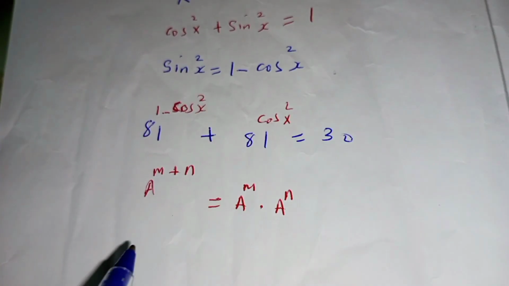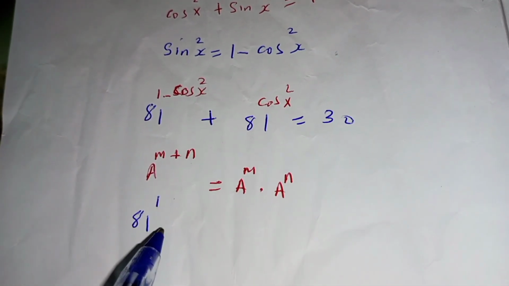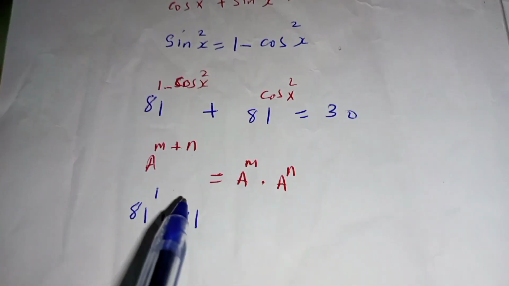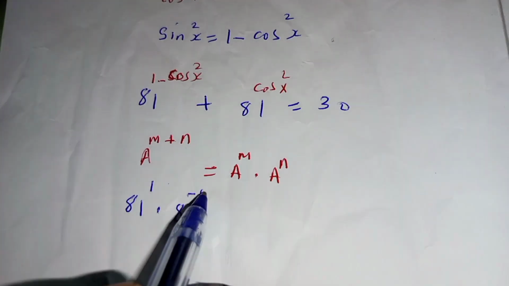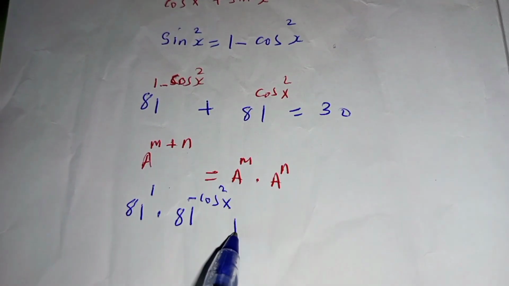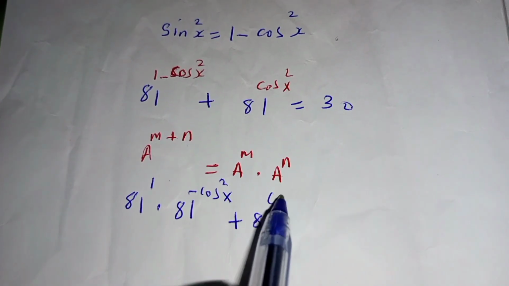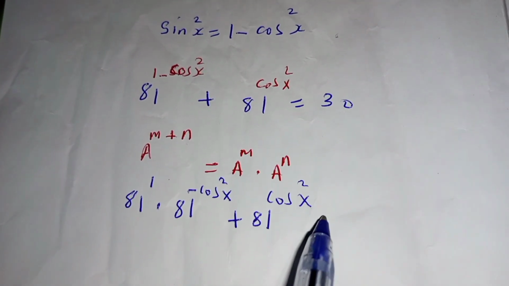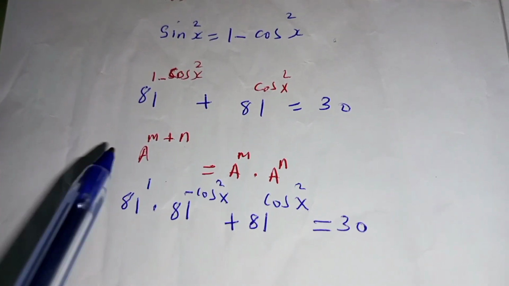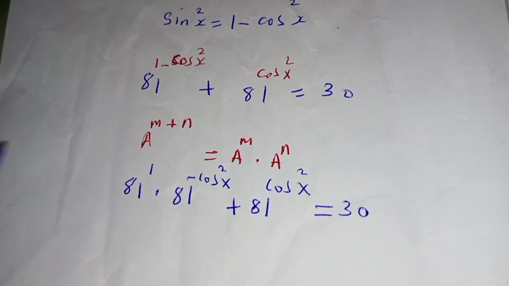So in our case here, we shall have item 1 power 1 multiplied by item 1 to the power of negative cos squared of x plus item 1 power cos squared of x. This one is equal to that after making use of this law of indices there.